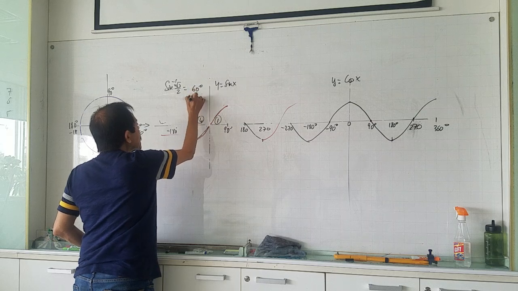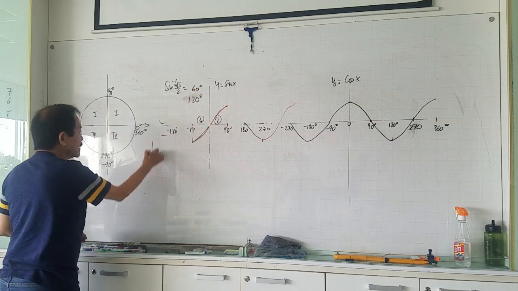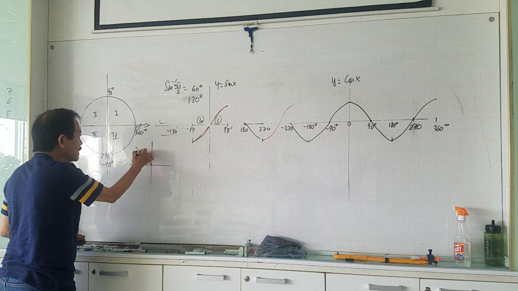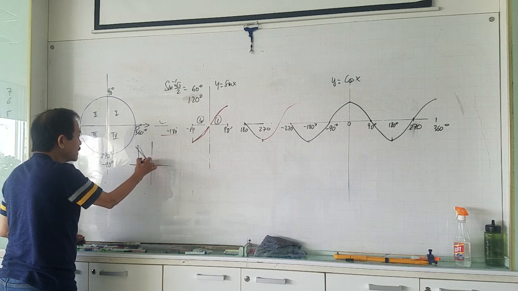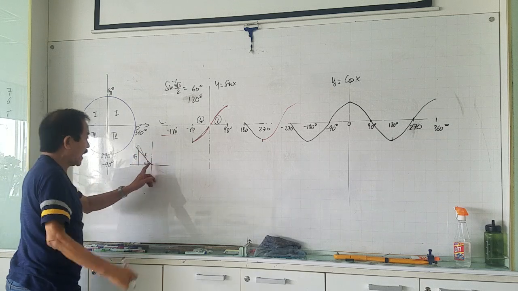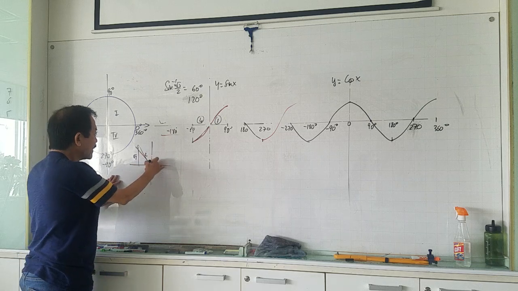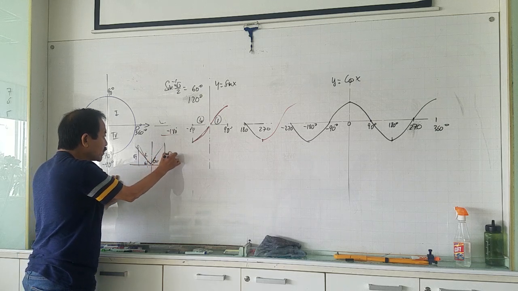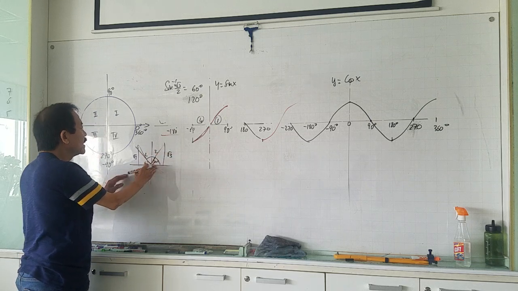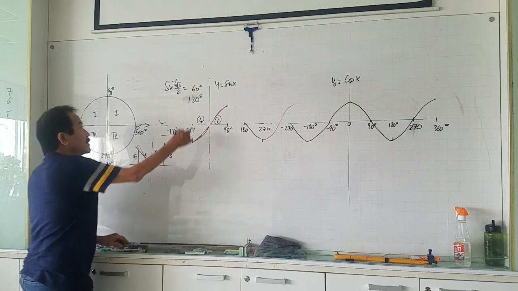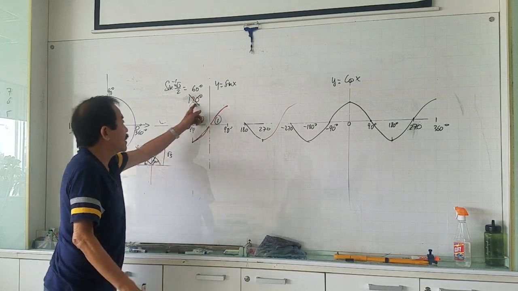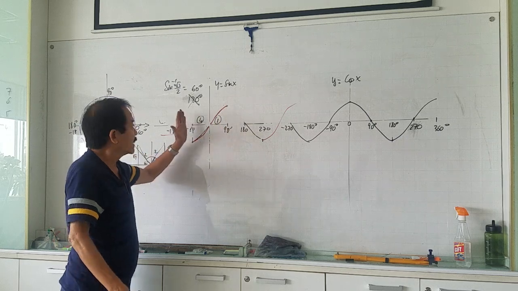The other answer is 120 degrees. The reference angle equals 60, and sine of 60 equals root 3 over 2. Sine of 120 is also root 3 over 2. But this is a wrong answer because it is not in the range of the inverse.